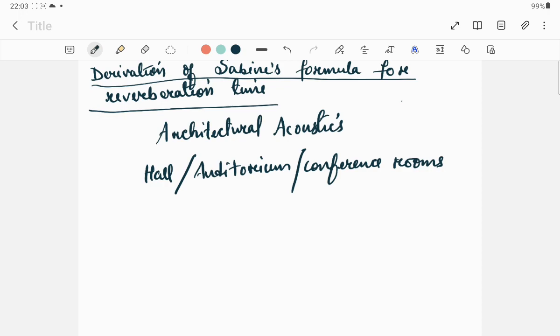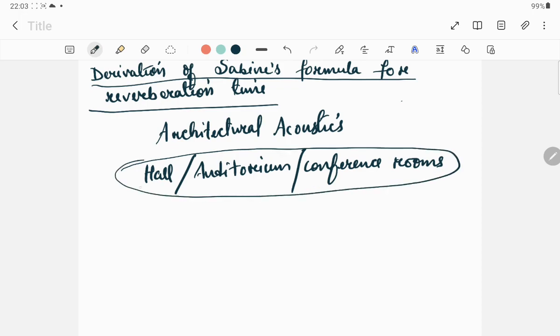Now whenever we think about a hall, auditorium and conference room, you might be thinking that there are differences of size in these particular rooms. If you consider an auditorium, if you consider a conference room, in all the cases the requirement of the sound will be different, the audience will be different. So architectural acoustics is that part of science which takes care of the quality of sound.